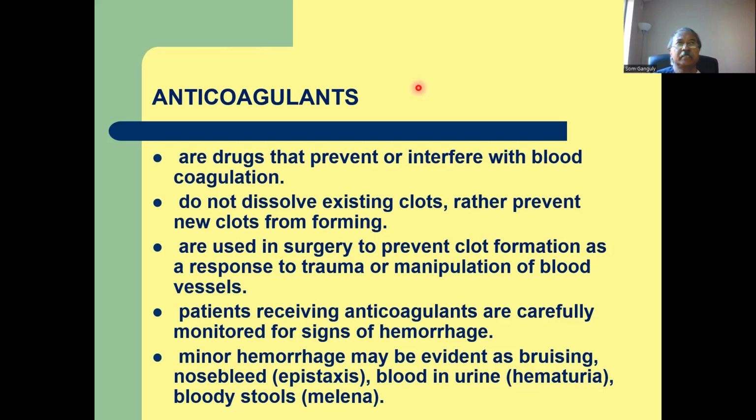So anesthesia can open a bottle and take the anticoagulant and inject it into the IV bag, and that will circulate through the body and work as an anticoagulant to prevent any blood clot formation. So the surgeon can work without any blood clot problem.